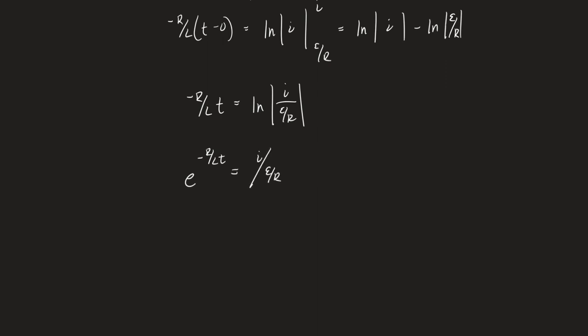Solve for I. Decaying exponential that starts at whatever the current was at time equals 0 and goes to 0 at infinity.